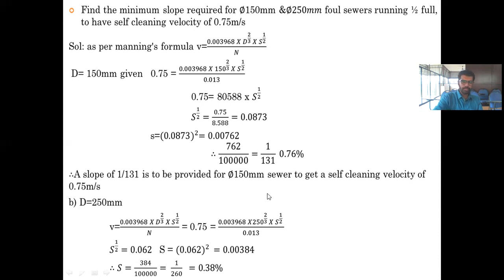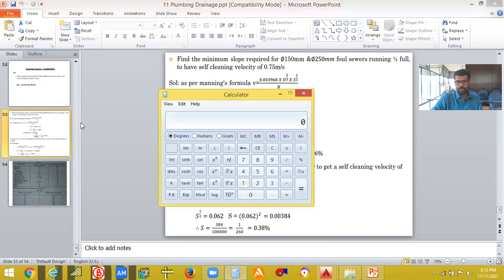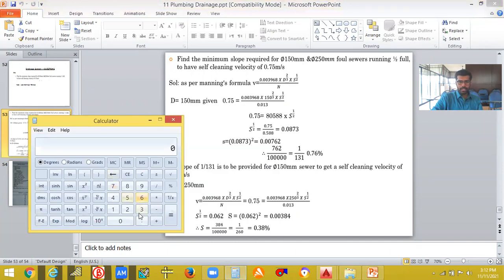For example, imagine you got this value, 0.00762.